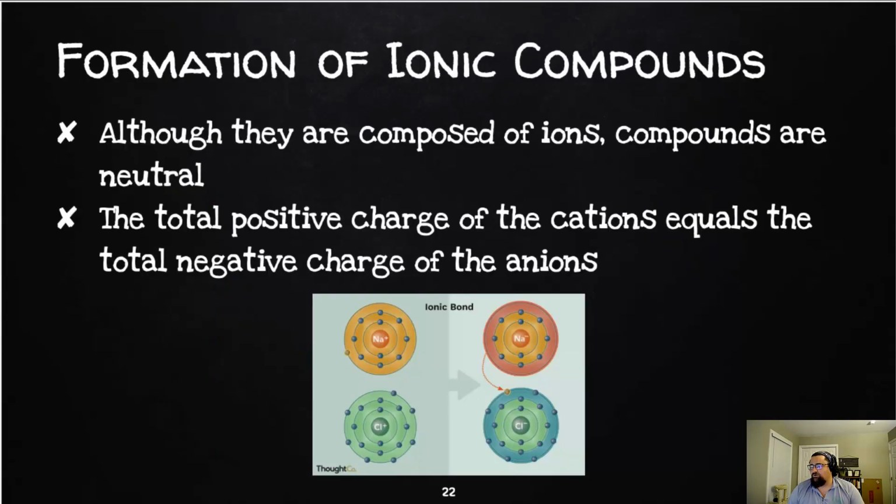And so what happens is, although there are these negative anions and these positive cations, they're going to come together to balance each other out, to neutralize, and that's what forms that compound. So the total charge of the compound is going to be neutral, which means that the total positive and the total negative have to even out.